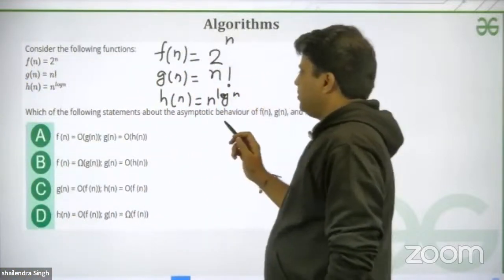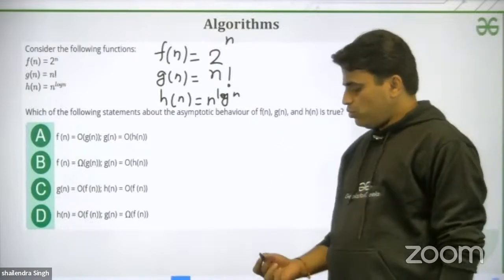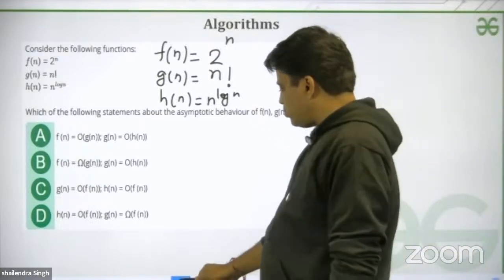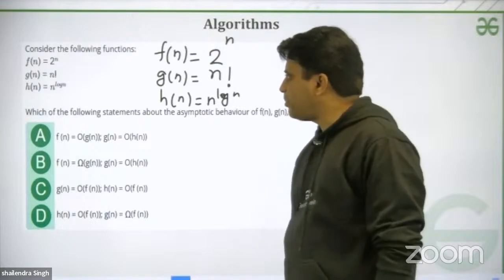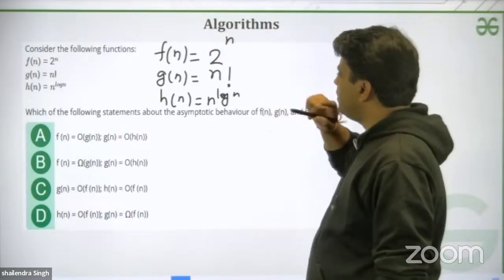Which of the following statements about the asymptotic behavior of f(n), g(n) and h(n) is true? We have to tell the asymptotic behavior, students. So for asymptotic behavior, first compare all three functions. Which one is the largest function?